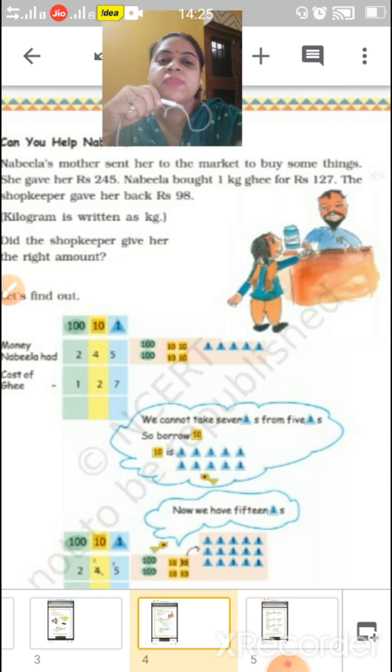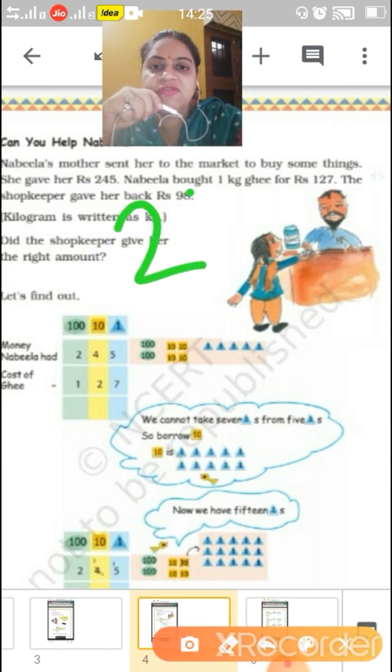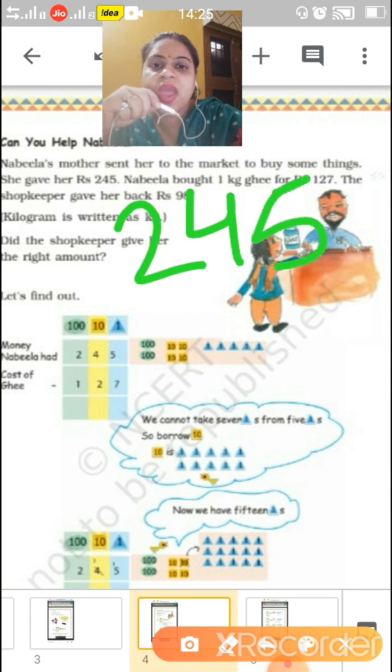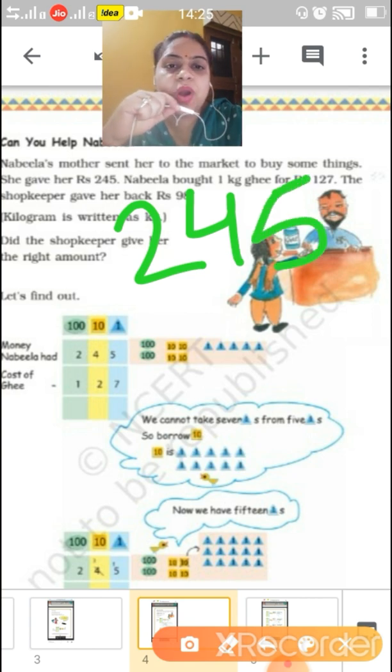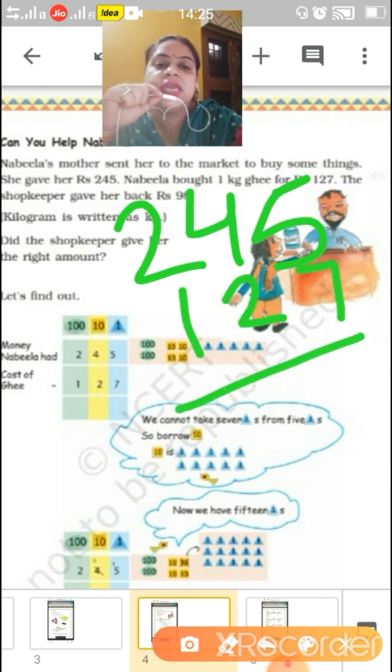So children, how much money did Nabila's mother give? That is 245. And out of that she bought 1 kg ghee for 127.